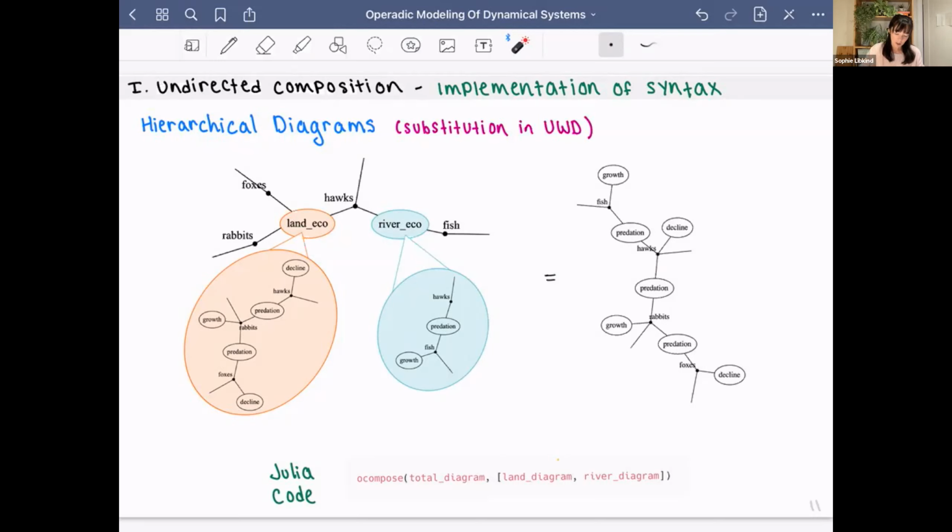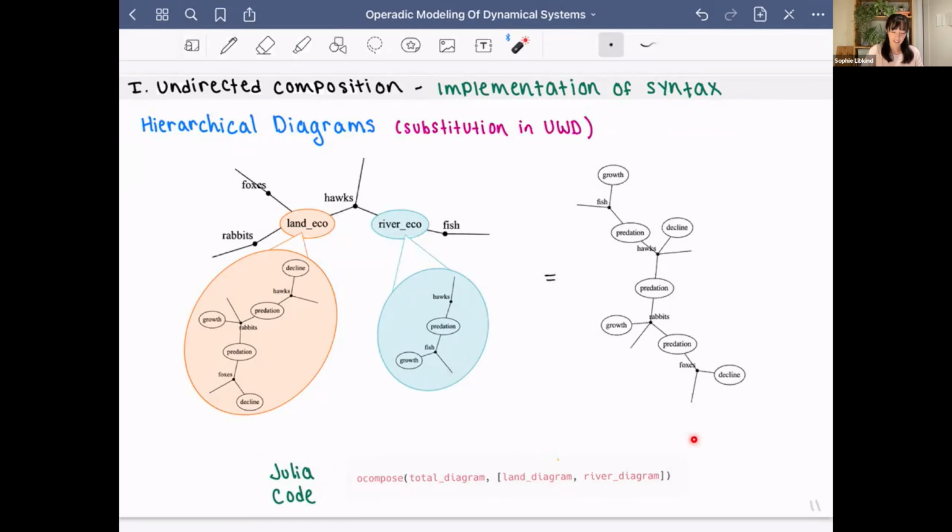And now in the Julia code, we will use the ocompose method, which corresponds to substitution in our operad. We're going to compose this land diagram and this river diagram into the total diagram, and that will produce this larger composition syntax that relates all the different animals.